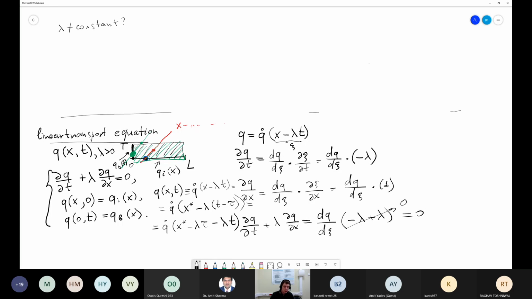It means that the characteristic curve will be curved. Yeah. Let's start from this point, and over the small time tau we'll obtain the point, and we know that along the characteristic curve the solution Q is constant, so we can calculate the solution at this point.